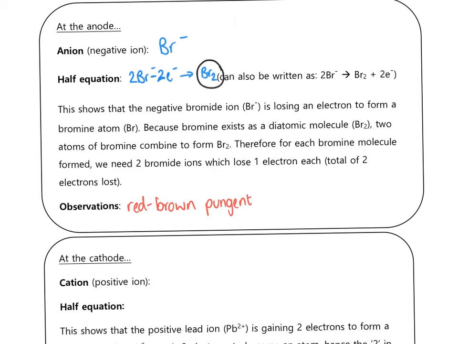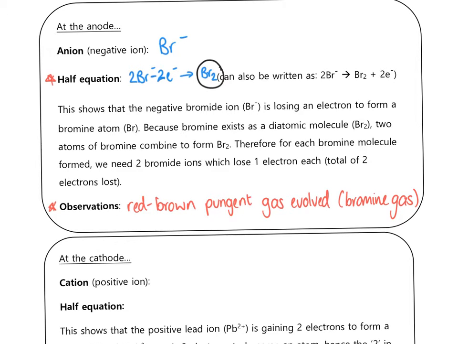It would be quite choking to the back of your throat, and bromine gas is actually toxic. So it's a red-brown pungent gas evolved. And the reason that I see that observation is because it is bromine gas that's being given off. So I simply need to think, what am I producing at the anode? Well, I'm forming bromine, and what does bromine look like? And that will be my observation. So the important things here are your half equation and your observations.